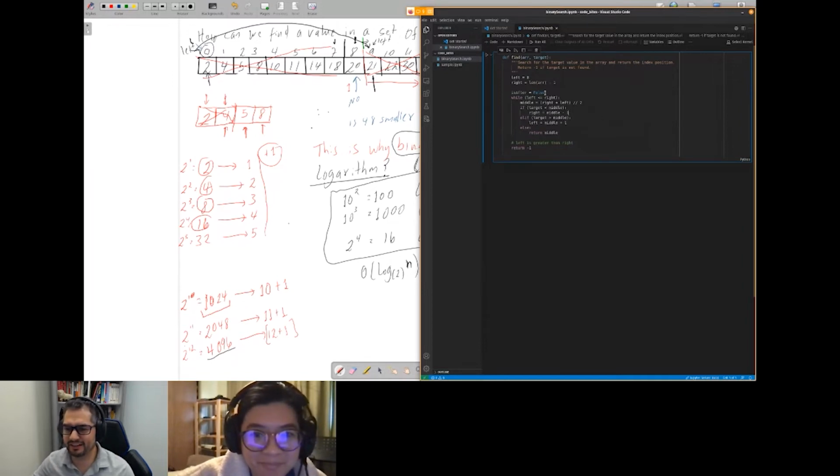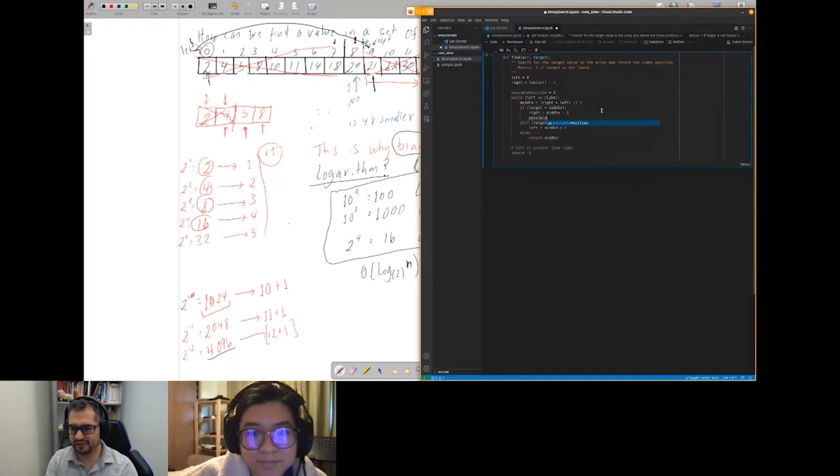So here's the thing, right? Possible position. I don't know, and then I could initialize it to the number. Could this work?